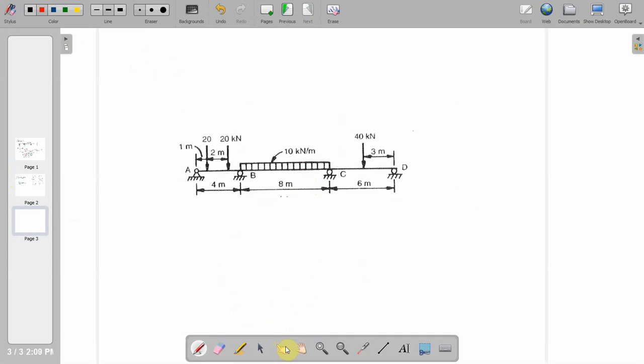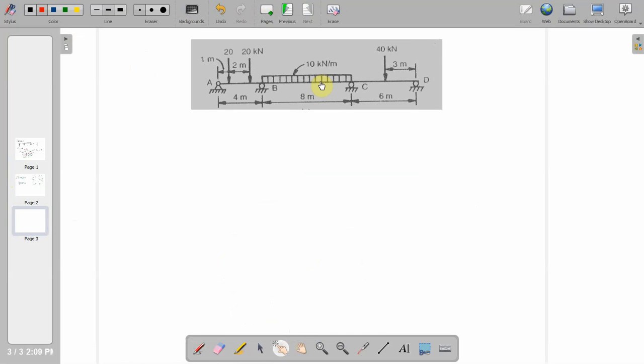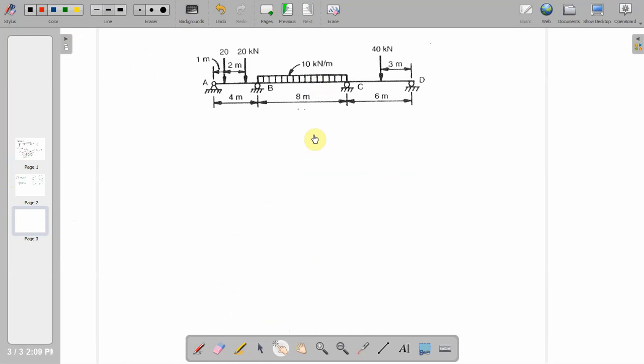Okay, so how to do this? I will tell you exactly the procedure. First step is draw lines at every support. So here is my first support, draw a vertical line. Second support, draw a vertical line.